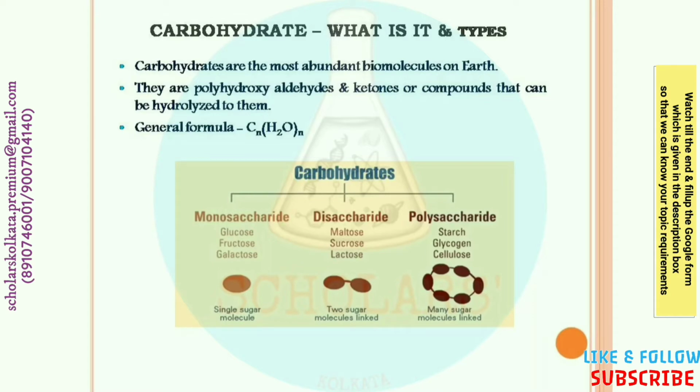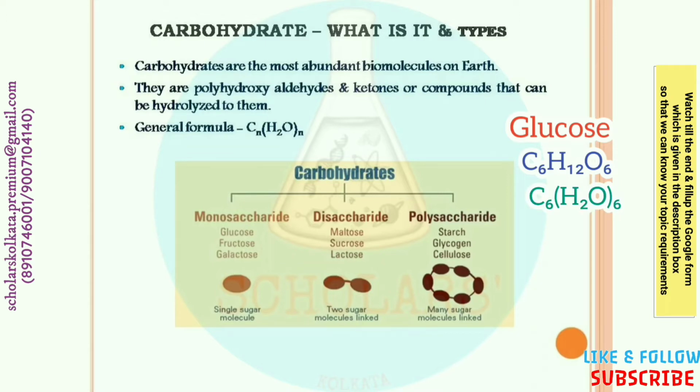Now if we take a look at the general formula of carbohydrate, it is Cn(H2O)n. Here n represents a particular number that can be 1, 2, 3, 4, 5, 6, or any other number. To understand the formula, we take glucose as an example, which has the formula C6H12O6. This can also be written as C6(H2O)6, so here n is equal to 6.